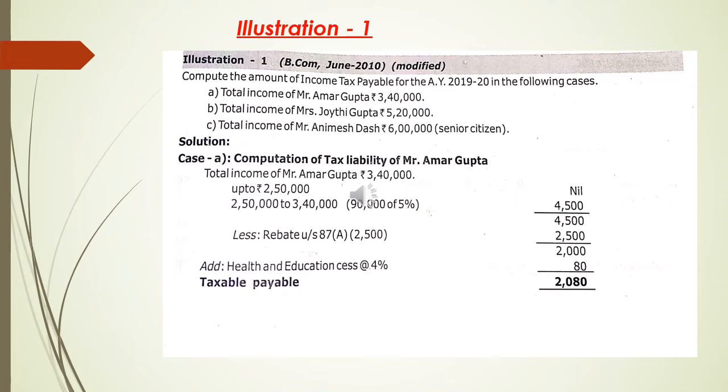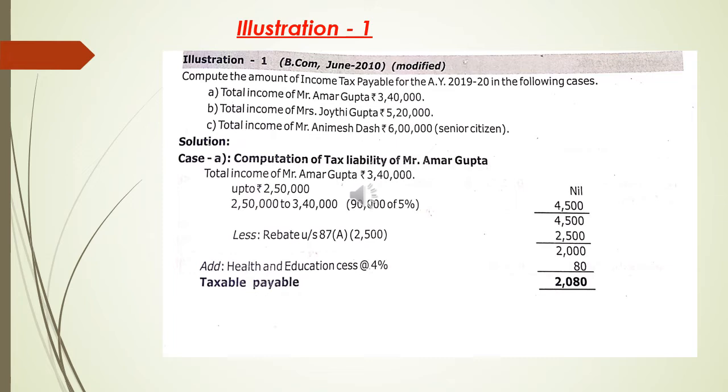So the total tax becomes 4,500. Now his income is less than 3,50,000 per annum. That means he is eligible for rebate under section 87A. So 2,500 rupees or 100% of total tax. Total tax is 4,500 or 2,500 rebate, whichever is less. So 2,500 obviously is less, so that will be subtracted. So now your total tax liability becomes 2,000.